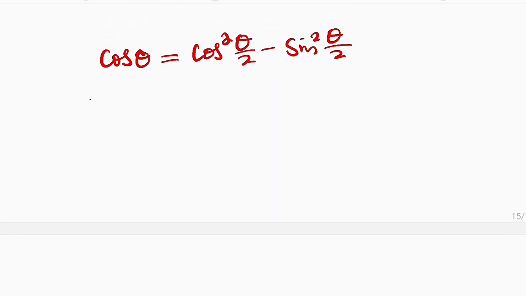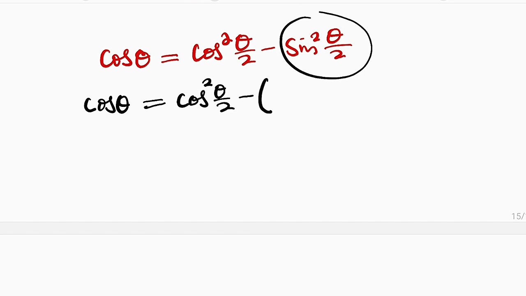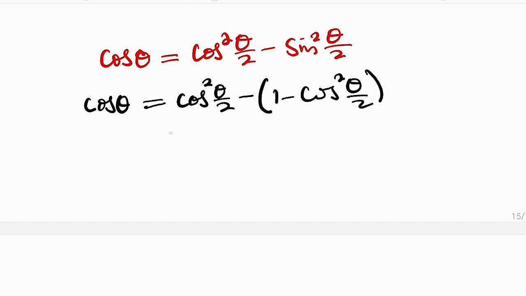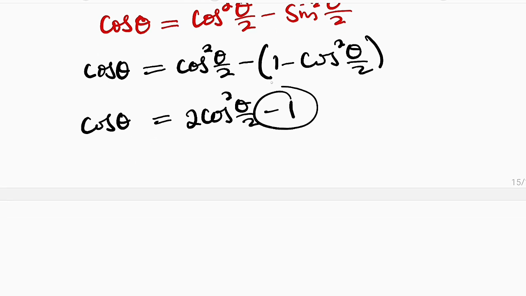So from here we have cos theta to the left equal to cos squared theta divided by 2 minus, I'm now going to change this to 1 minus cos squared theta divided by 2. If you expand, you're going to get 2 cos squared theta divided by 2 minus 1. This is cos theta. So if you take this one to the left, it becomes positive 1, then plus cos theta.